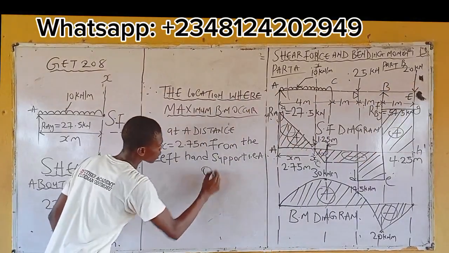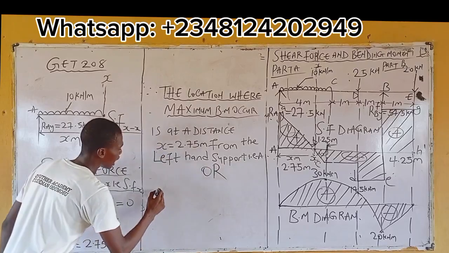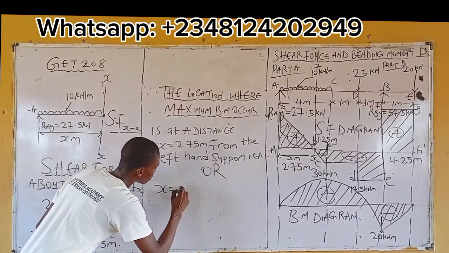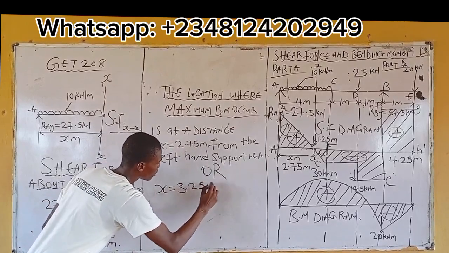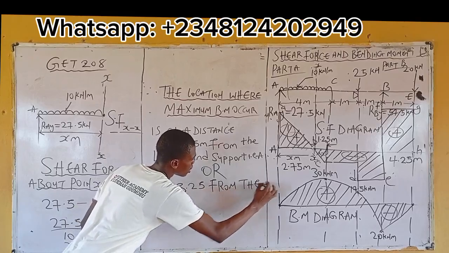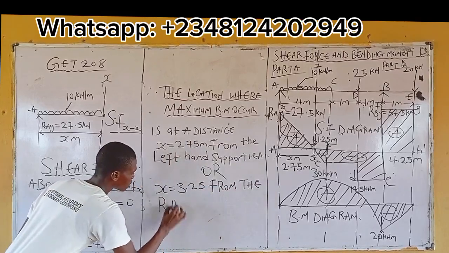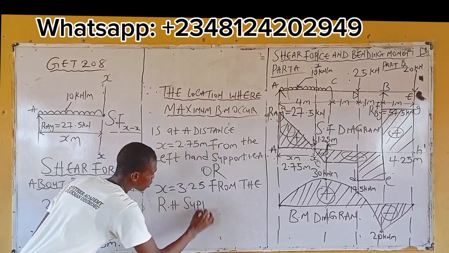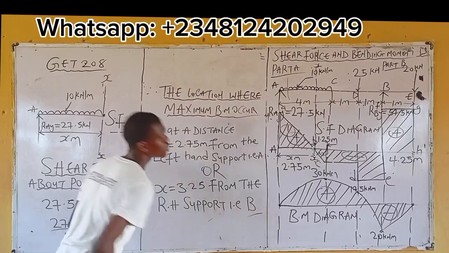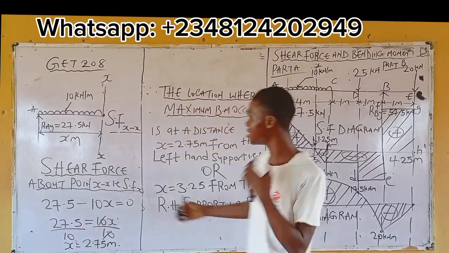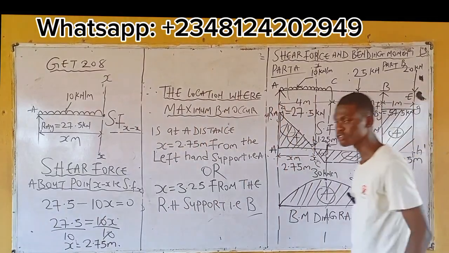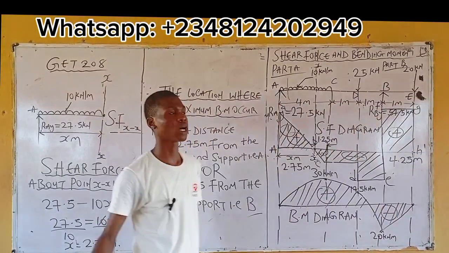With this, you can write at distance x equals 3.25 meter from the right hand support, that is B. So if anybody sees this in your script, the lecturer will know that, yes, you know what you are doing.